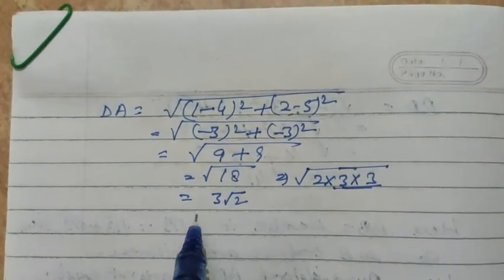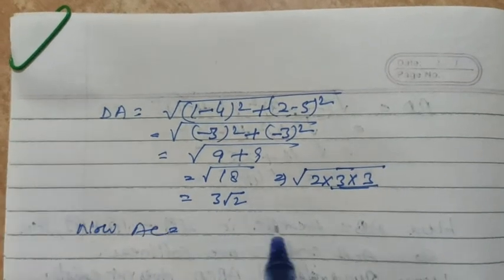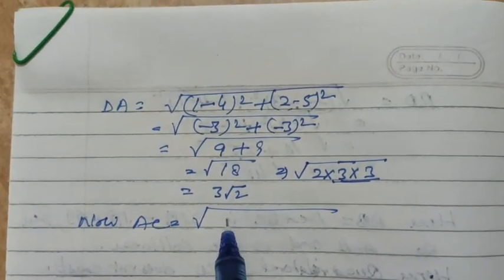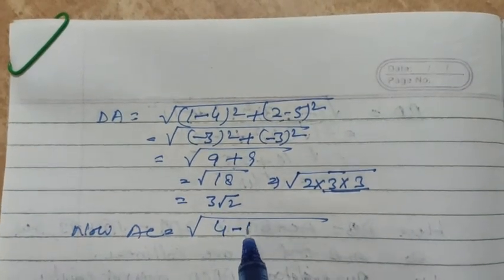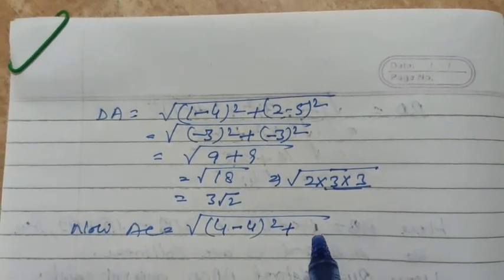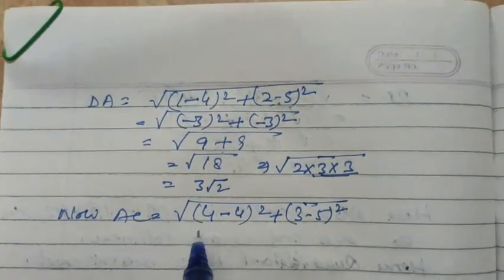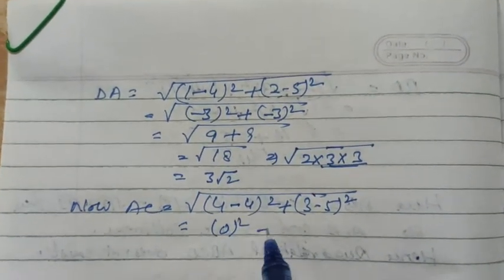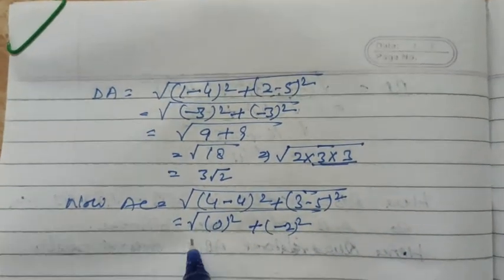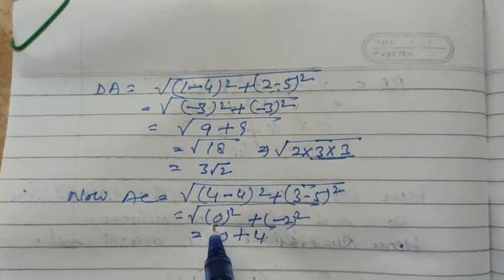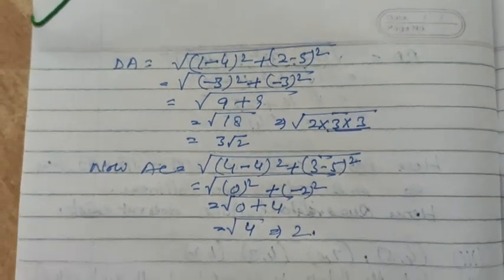So now the two diagonals. Diagonal AC, we have to find x3 minus x1, that is 4 minus 4 squared plus 3 minus 5 squared. So this will be 0 squared plus minus 2 whole squared. So this will be 0 plus 4, and this will be 4 under root and this will be 2. So AC is 2.